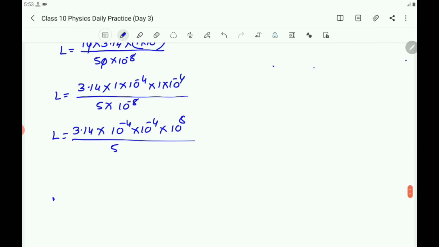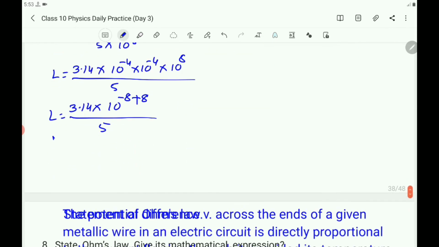So L equals 3.14 into 10 power minus 4 minus 4, that is minus 8, plus 8, divided by 5. That is L equals 3.14 into 10 power 0 divided by 5.